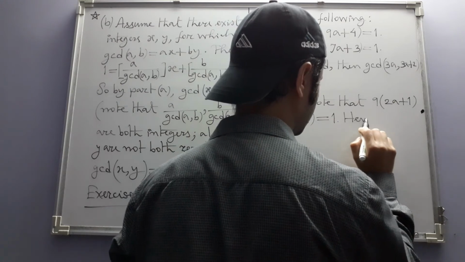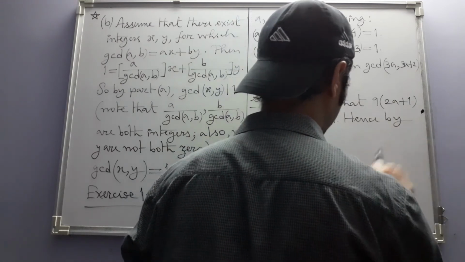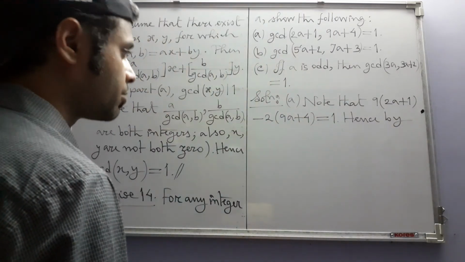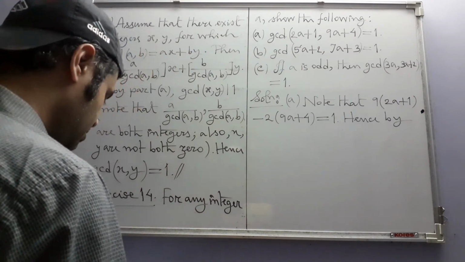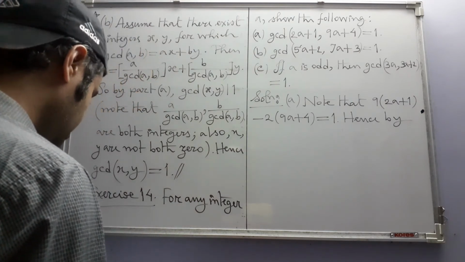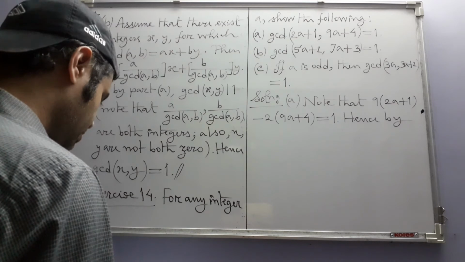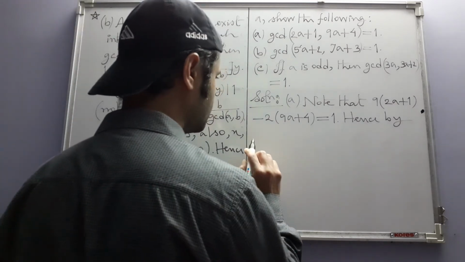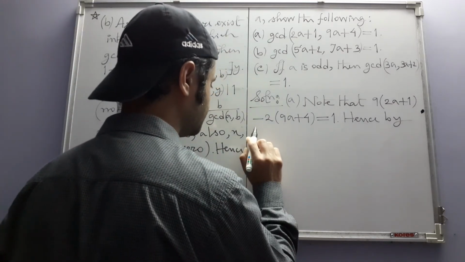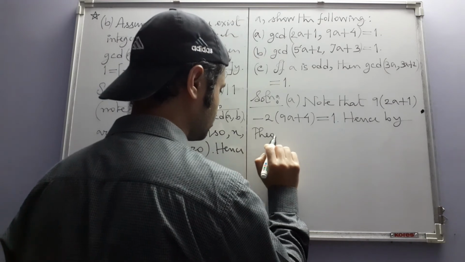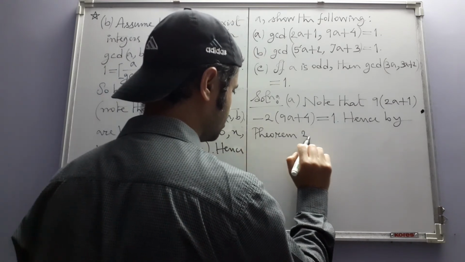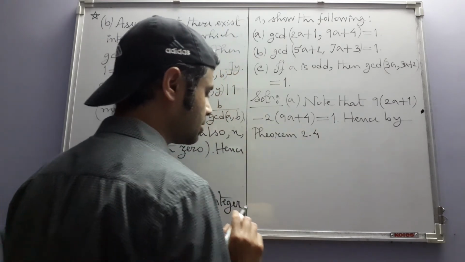Hence, from this equation itself we can write that the GCD is 1, and this follows from theorem 2.4. You go to this theorem and see what it says.